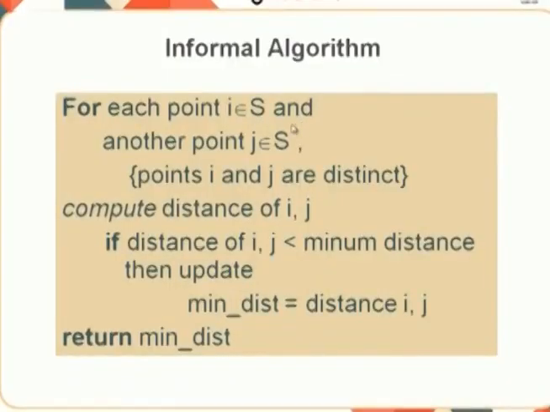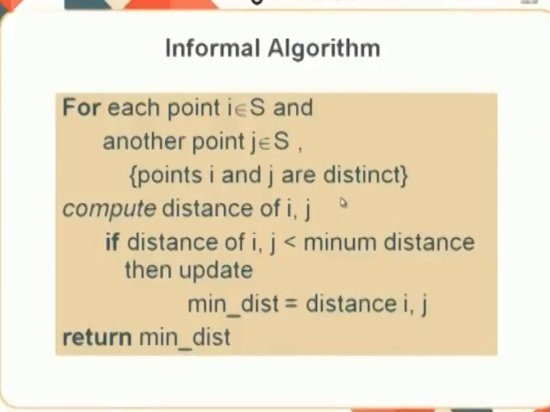Fine. So, now we will put all our ideas into an informal algorithm. Now, as I said earlier, we are given n points. So, let us take one point i of the set S, and I am taking another point j of the set S. Then I have to ensure that both the points are not the same. In other words, the points i and j should be distinct. So, now I have to compute the distance between i and j using any method.